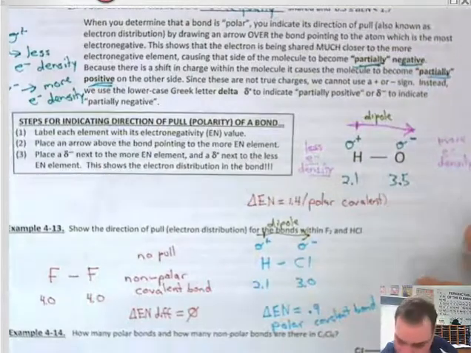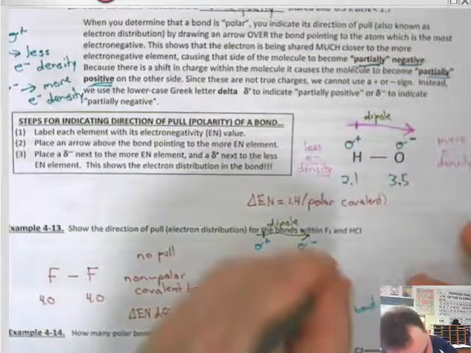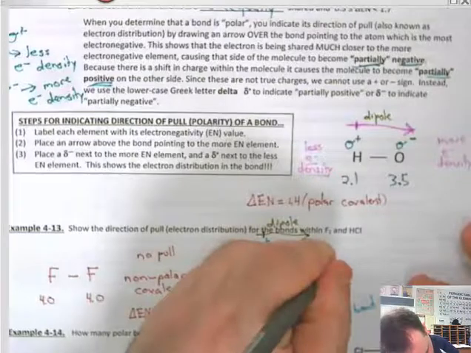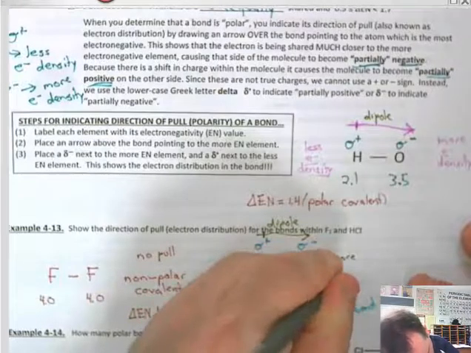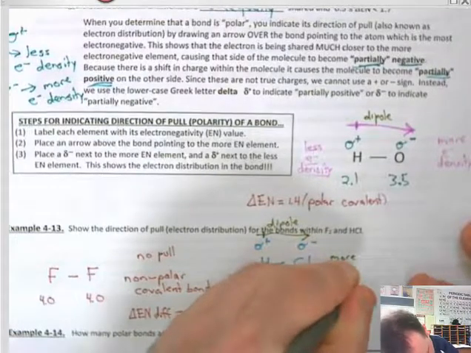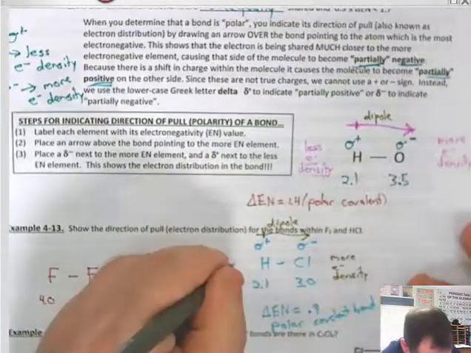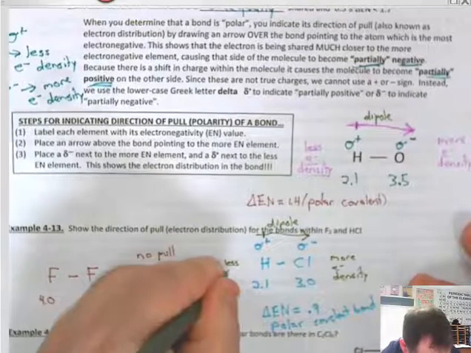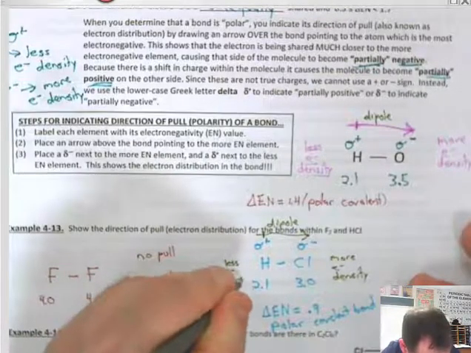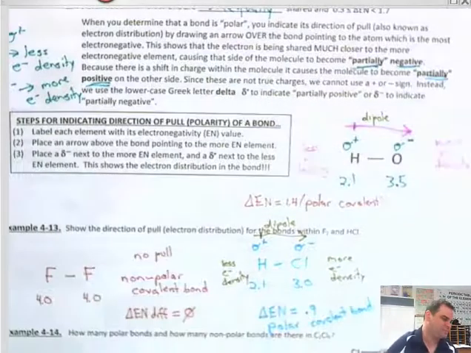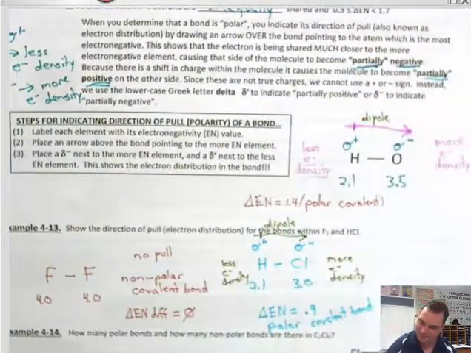It points towards the chlorine, which means the chlorine has more electron density than the hydrogen, which has less electron density.